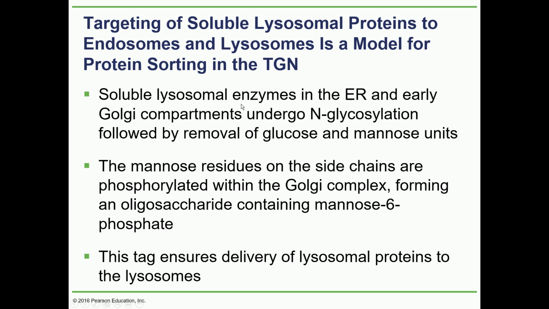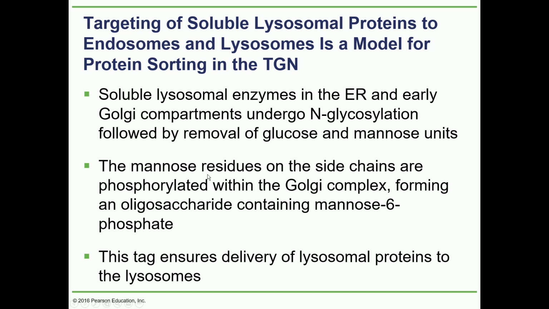Soluble lysosomal enzymes in the ER and early Golgi complex undergo N-glycosylation followed by removal of glucose and mannose units. The mannose residues on the side chains are phosphorylated within the Golgi complex. This is something very important which takes place in the Golgi apparatus.